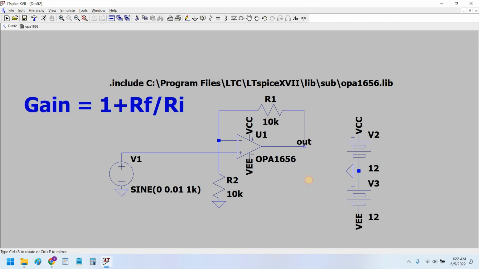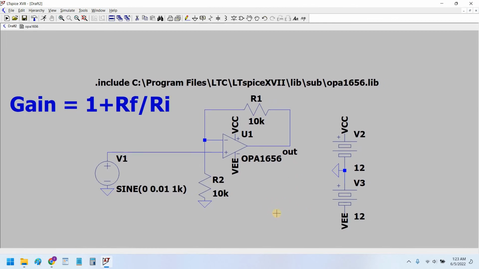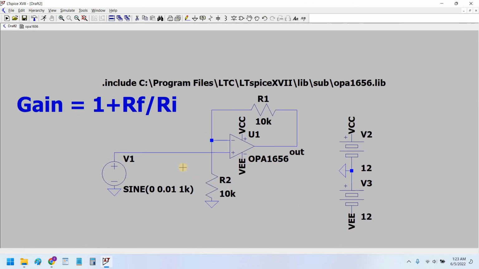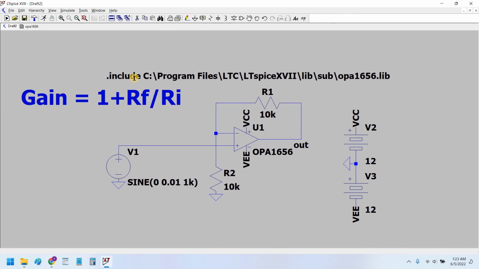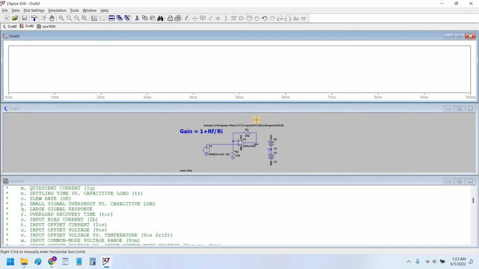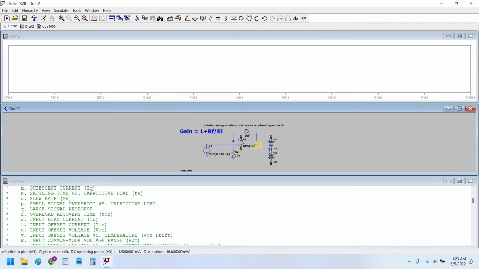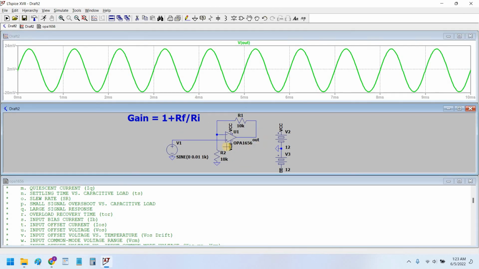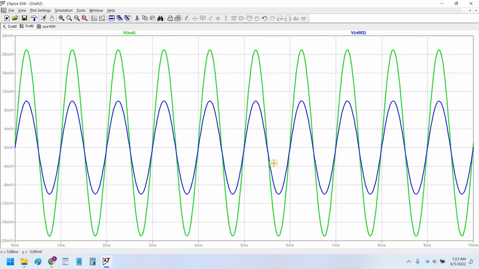Let's place an output node. So our signal would be amplified 2 times. Now let's see if this happens. Our circuit is complete. Let's make a transient simulation of 10 milliseconds. And here is our output and here is our input. So yes, the output is amplified 2 times.